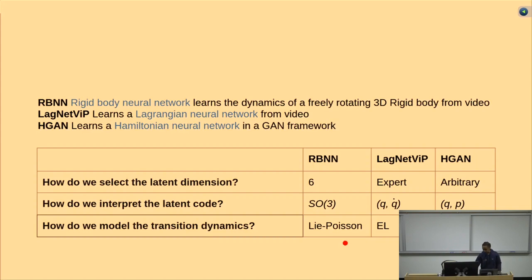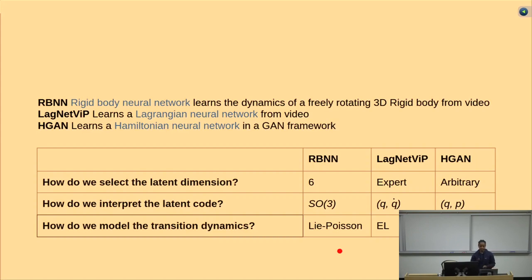In the first method, RBNN, which is a model that we use to learn the dynamics of a freely rotating 3D rigid body from video, we assume prior knowledge of the configuration space and structure, and we use the Lie-Poisson equations to model the dynamics.